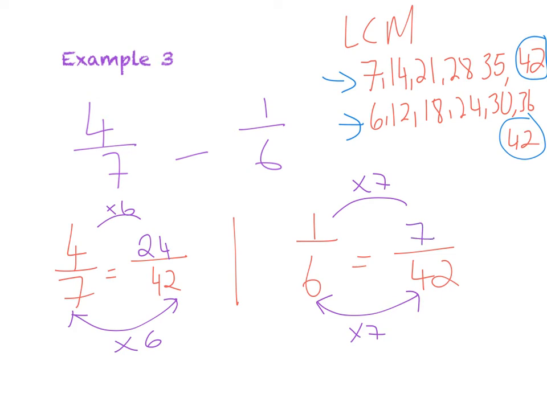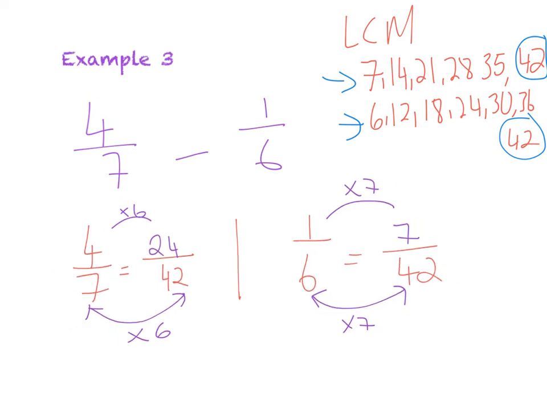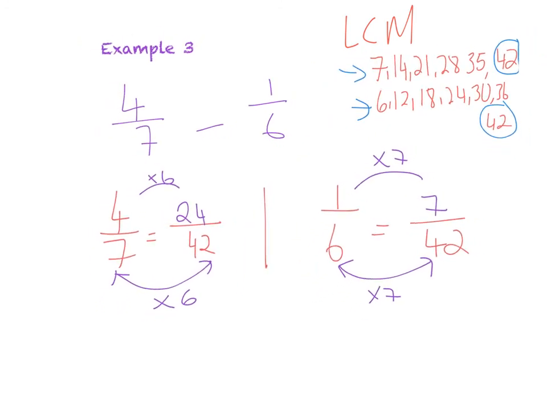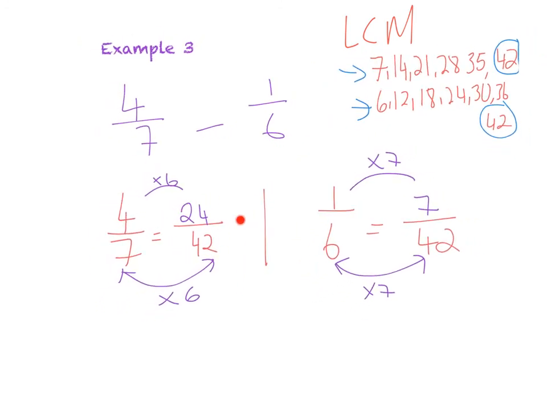So I now have given myself, I'm just going to make this a little smaller, two sums that I have changed so that they have the same denominator. And once they have the same denominator, it's again much easier for me to do my maths. So it is 24 over 42 minus 7 over 42.